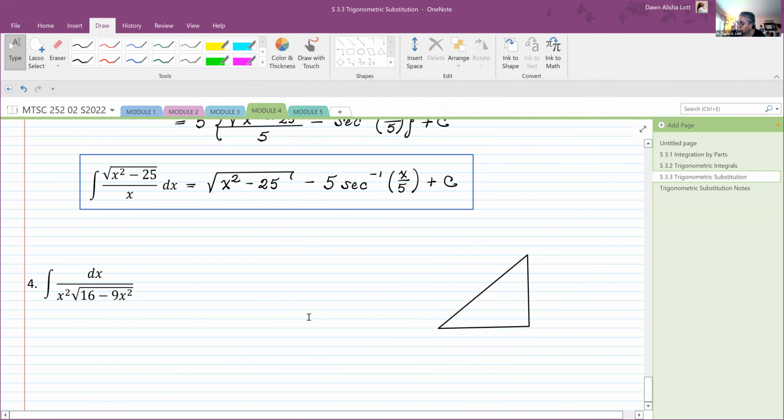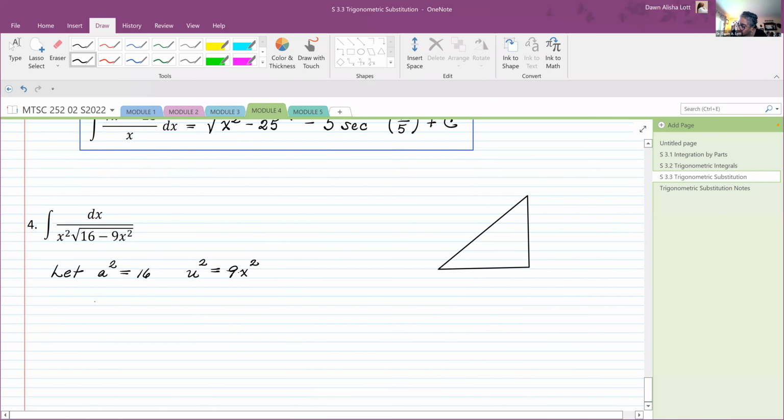Okay, so if I let a squared equal 16 and u squared equal 9x squared, then I get a is equal to 4, and I get u is 3x.